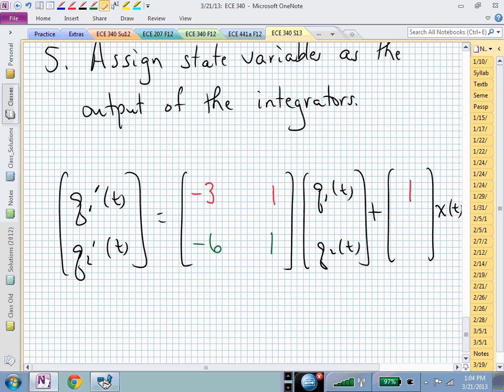Okay, you're still awake? There. And what goes in the other location? There is no Q sub 2 directly feeding back to Q sub 2 prime. This is now your dynamical relationship, the internal dynamics of that transfer function that we started with.